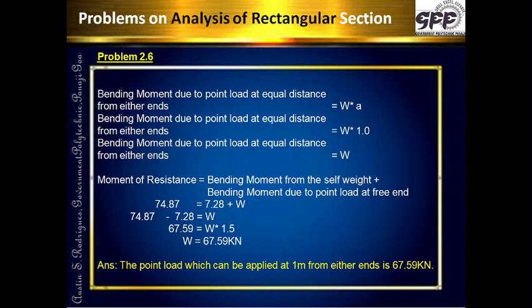As discussed earlier, please note, this point load applied cannot be more than 67.59. In this case, it cannot be 67.6. Though the beam will not collapse, it is a tension controlled failure in this case. It is a ductile failure. The steel will start yielding. We will be able to see the cracks and the deflection.